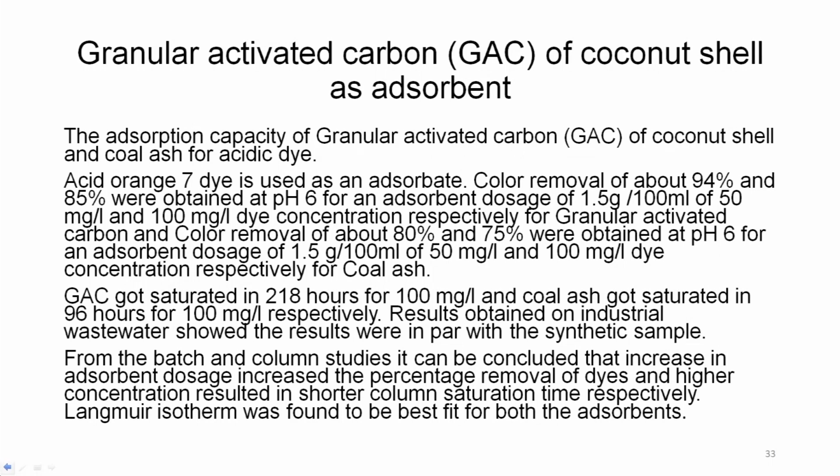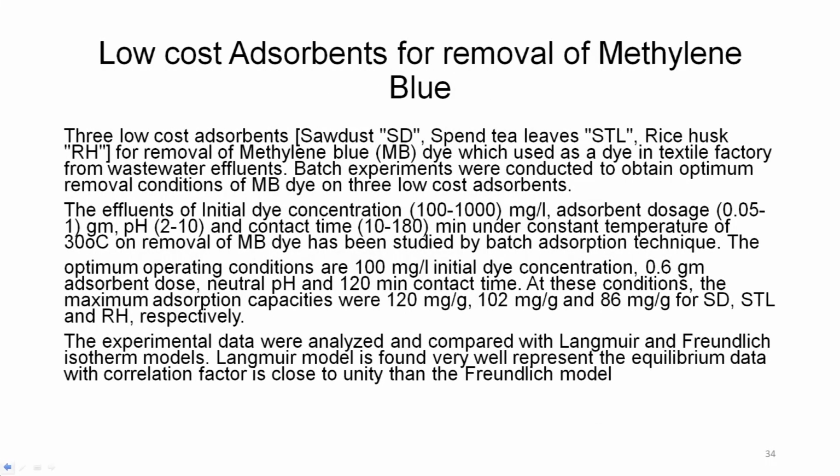From batch and column studies, it can be concluded that an increase in adsorbent dosage increases the percentage removal of the dye, and higher concentration resulted in shorter column saturation time respectively. Langmuir isotherm was found to be best fitted for both the adsorbents.